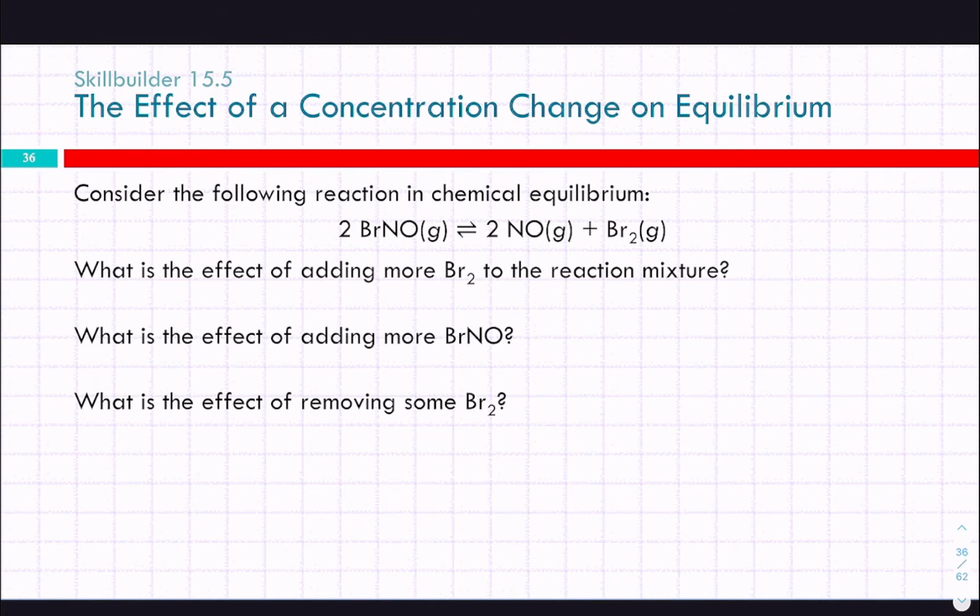To the left, to the reactants. If we add BrNO, which way does the reaction shift? It's a reactant, so if we add more reactant, it'll shift to the right. So we'll have more products.